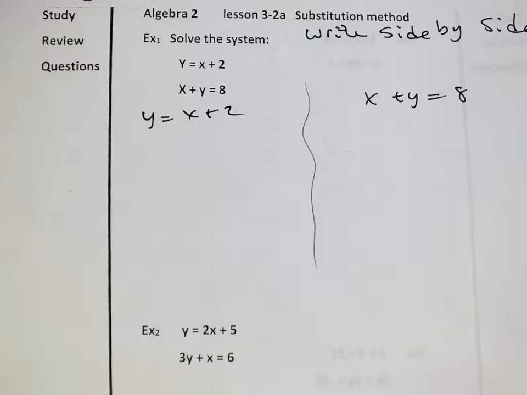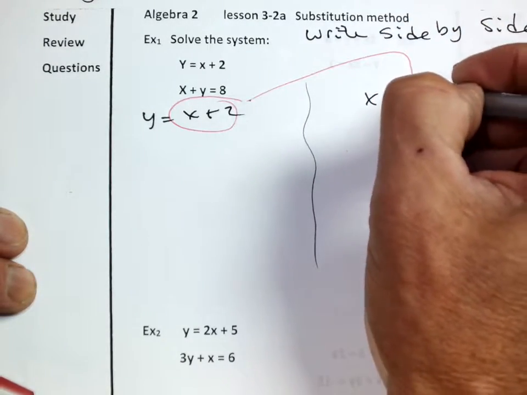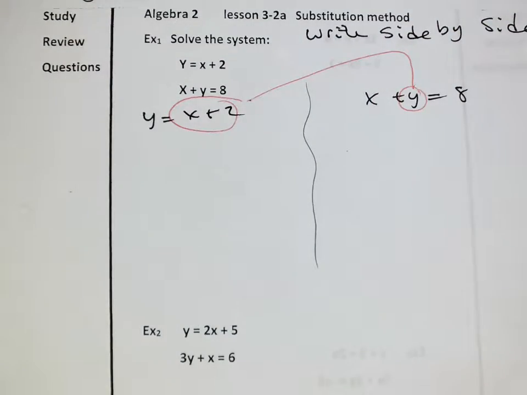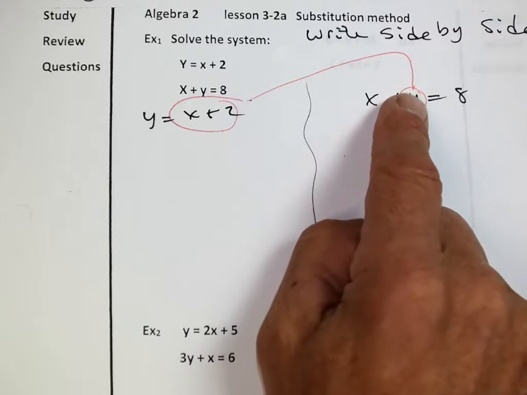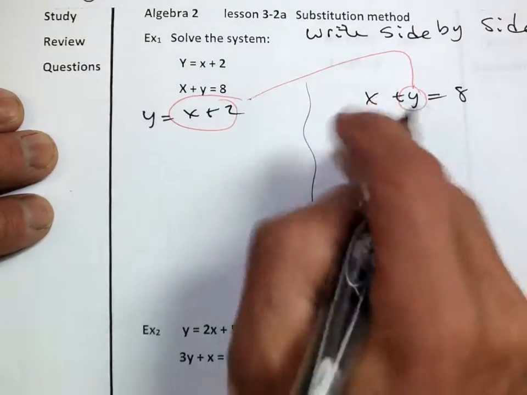So instead of writing y, I can substitute what y is equal to. I'm going to take this x plus 2 and substitute it in for y. It's called a substitution because that's what y is equal to, so I'm going to put that right in for y. So I'll rewrite this equation.